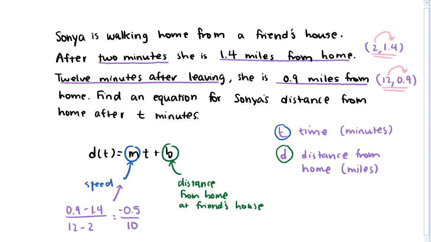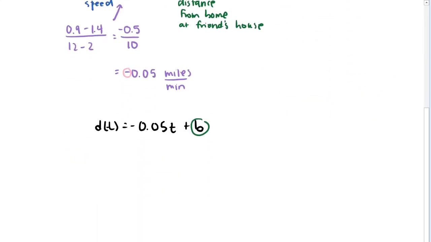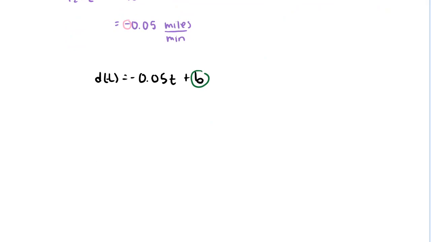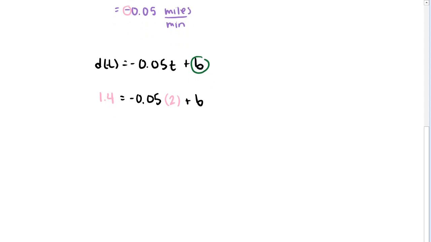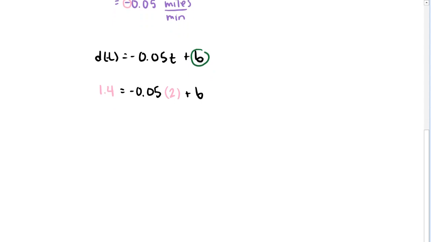And so here, let's take this point (2, 1.4). If I input 2 into this function, I should get 1.4 out. And with that in mind, knowing that must be true, we can find the value of b. 2 times negative 0.05 is negative 0.1.